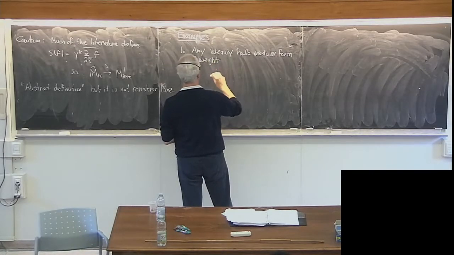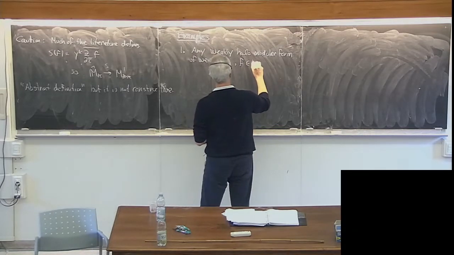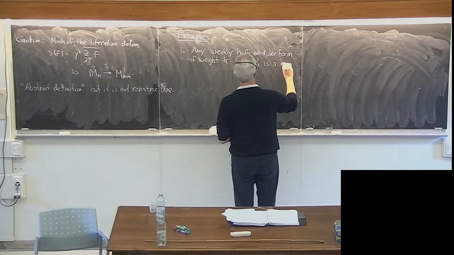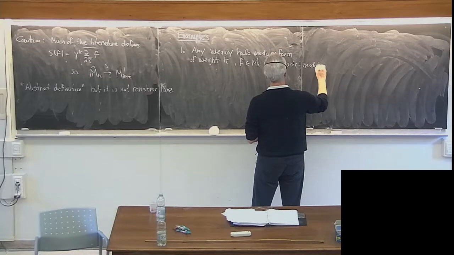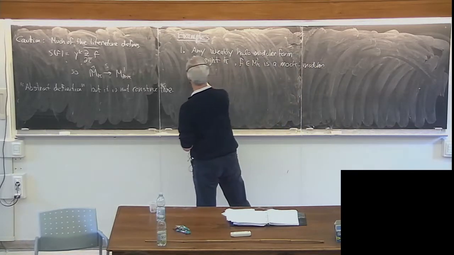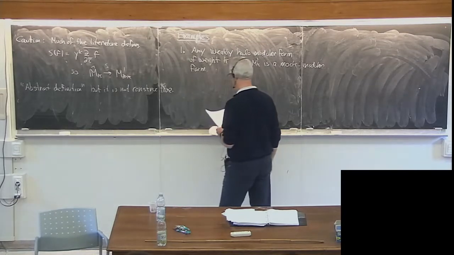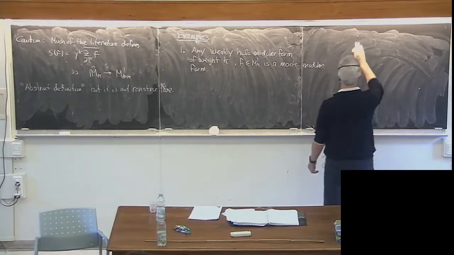Just take a holomorphic modular form of weight k, and that is a mock modular form by this definition. Now, I should say something.